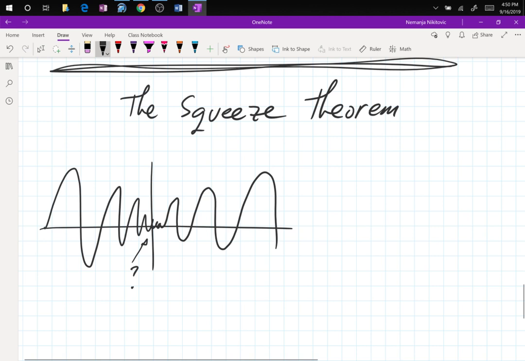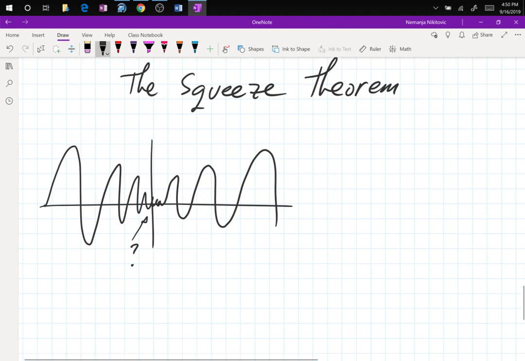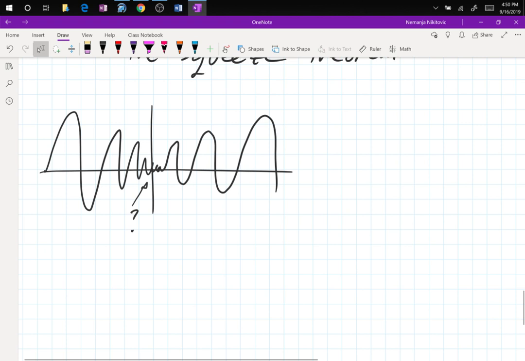So the squeeze theorem, sandwich theorem, is helpful when you have situations like this. Now this graph belongs to a very interesting function. So you say limit as x approaches 0 of x squared times sine of 1 over x.